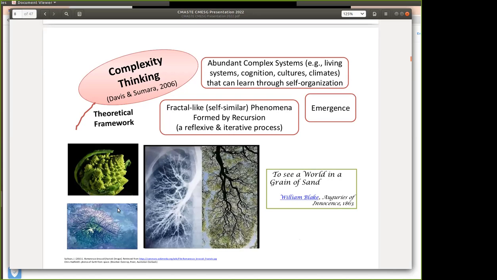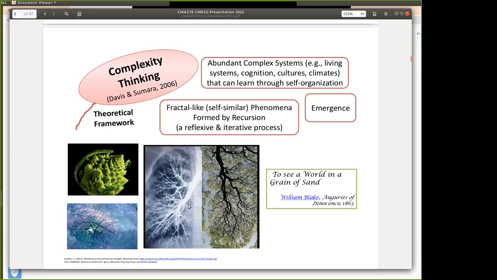The complex system also exhibits self-similarity. You can see the images I posted here, and the typical fractal-like phenomenon is broccoli, and you can see this kind of self-similarity actually displayed in different things in nature. And on this side, if you can see my mouse moving, the left-hand side of the image is actually a human lung.